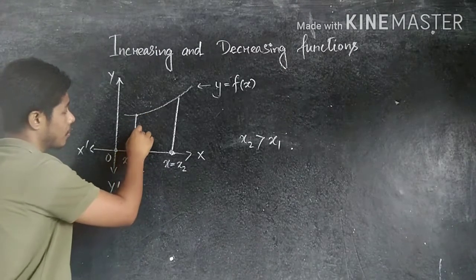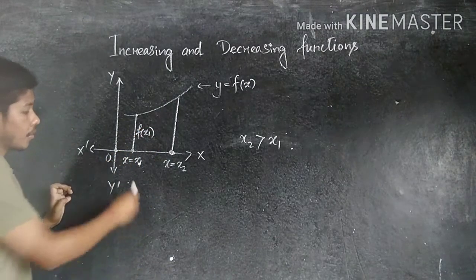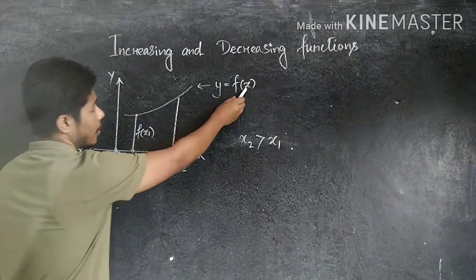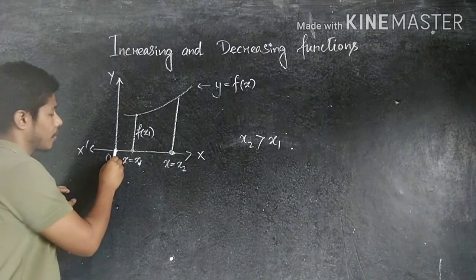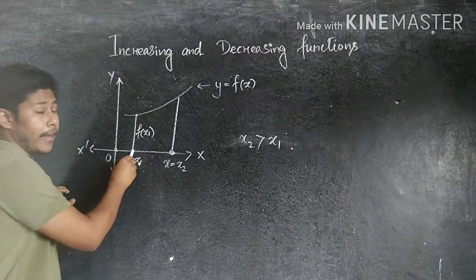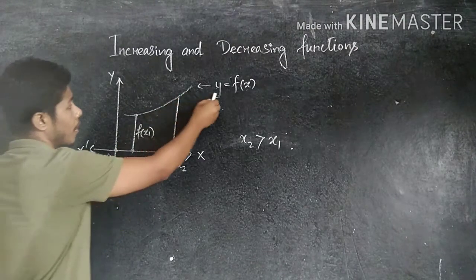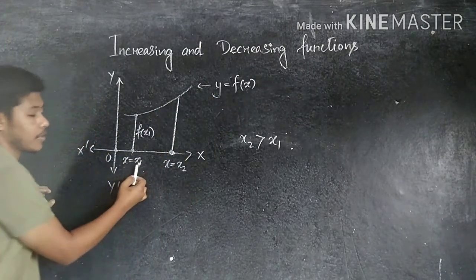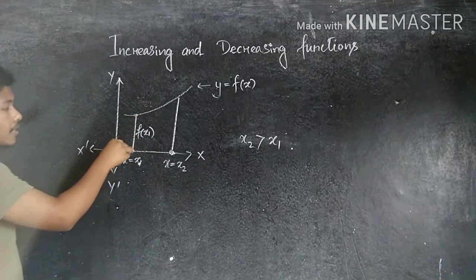Can you tell me? This one is f(x1), is it not? Because if you put x equals x1, this is the length of y, and this is the origin, and this is the length of x. Y means y equals f(x), and x we consider x1. So that's why we write f(x1). That means this length is f(x1).